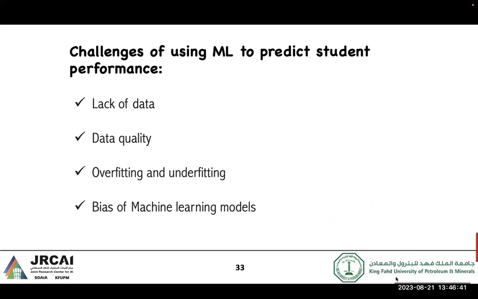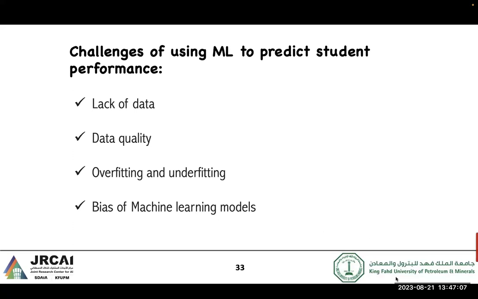All right, so this is the last slide to summarize what we covered in this session. Even though we have machine learning, we are still facing many challenges. The first one is the quality of the data. If you don't have good data, you will not get the benefits from the machine learning process.